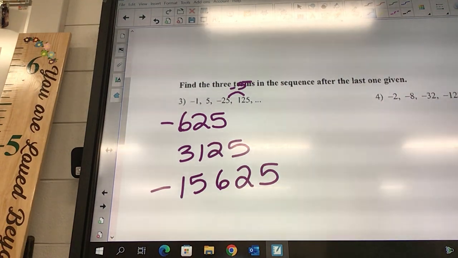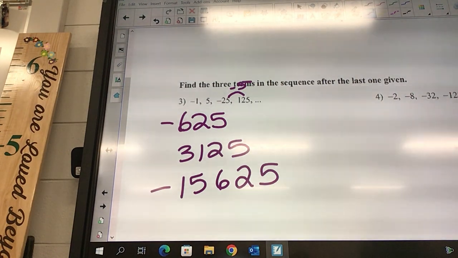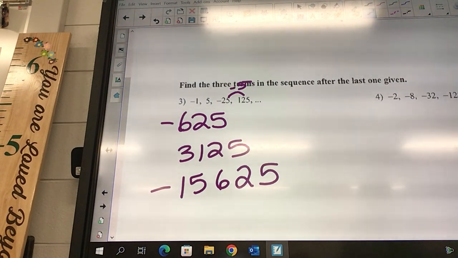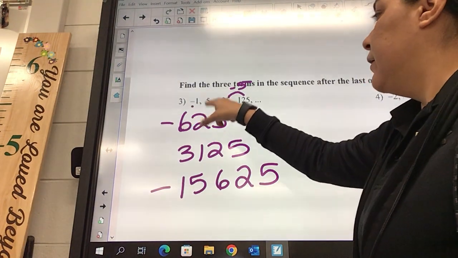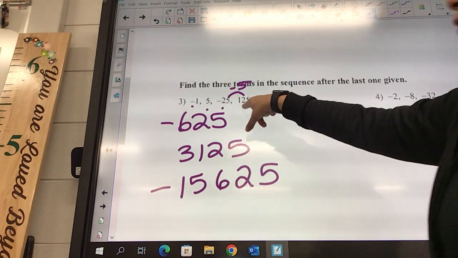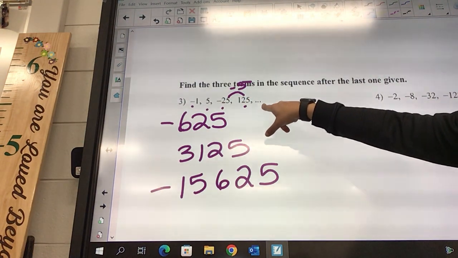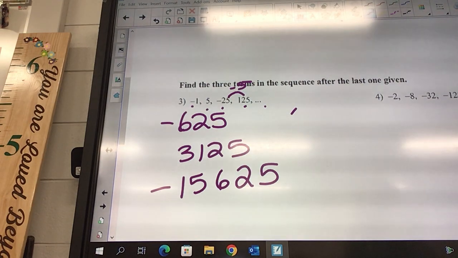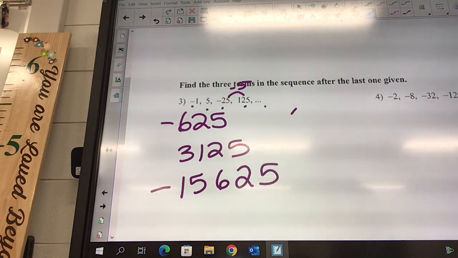Okay, so those are our next 3 terms. Okay, if you were to write it in the line, we could see it's no different than saying negative 1, 5, negative 25, 125, comma, negative 625, comma, 3125, comma. Okay, we're just extending that line is all we're doing.